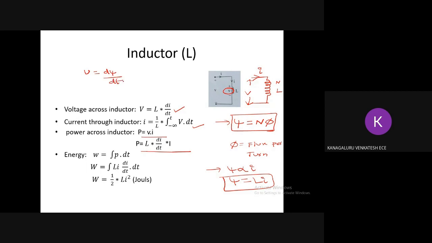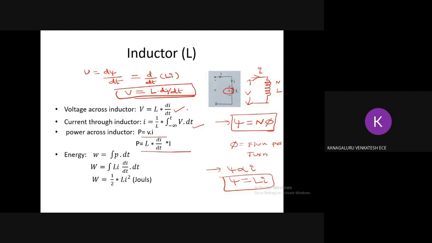So the rate of change of flux, how your flux is changing, decides the voltage or EMF developed across the coil. We know that psi is nothing but Li, so I'm replacing psi by Li, and I'll be getting L di by dt. This is nothing but the voltage across your inductor. So this is how we derive that: voltage across an inductor is V equal to L di by dt.